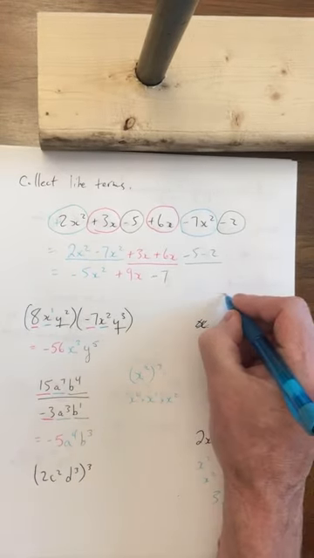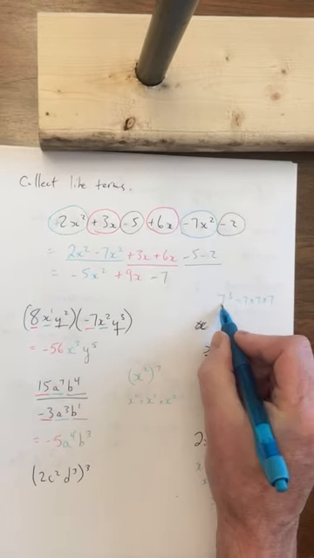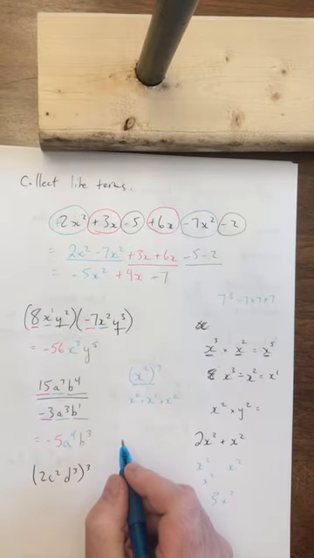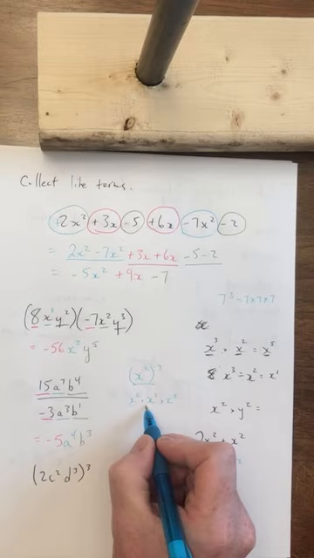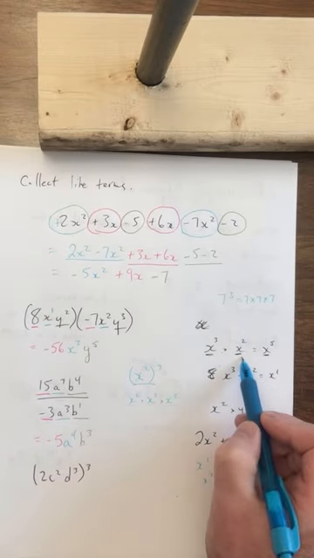If we have 7 to the power of 3, that would be 7 times 7 times 7, the base times itself 3 times. So here is our base, and we're multiplying it by itself 3 times. So 1, 2, 3.